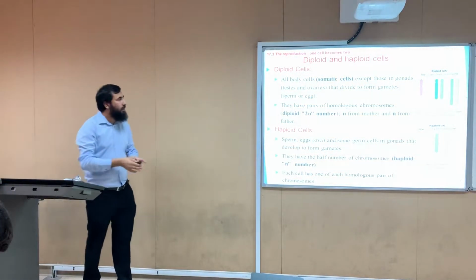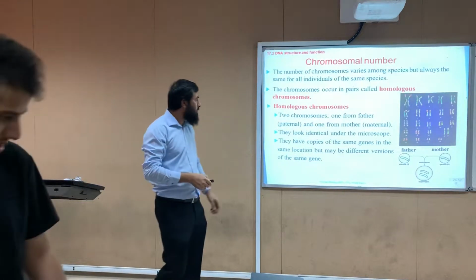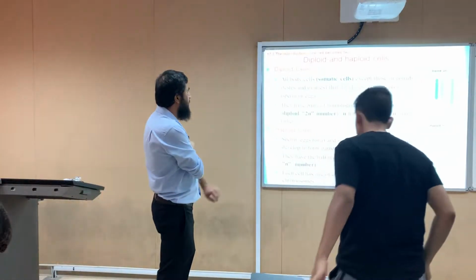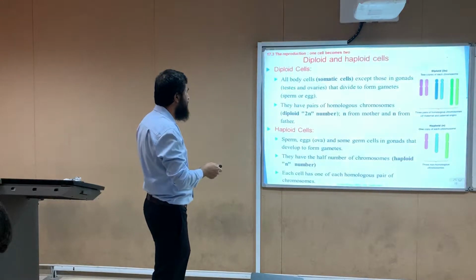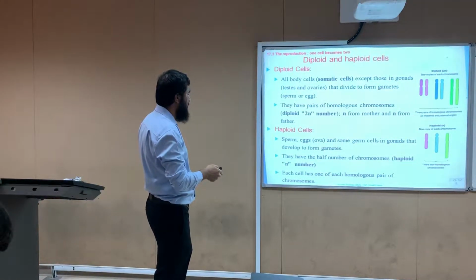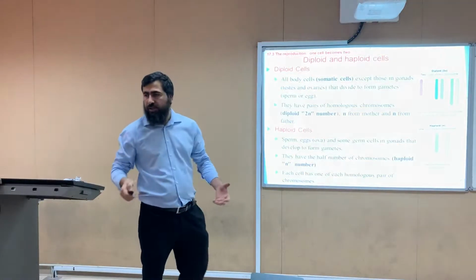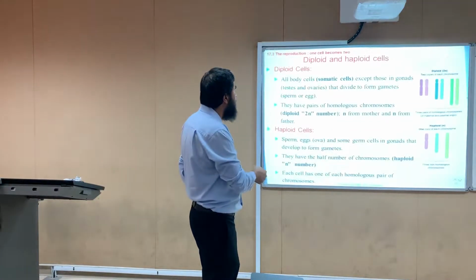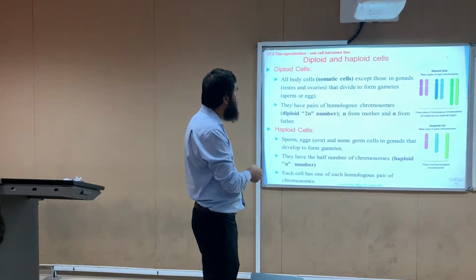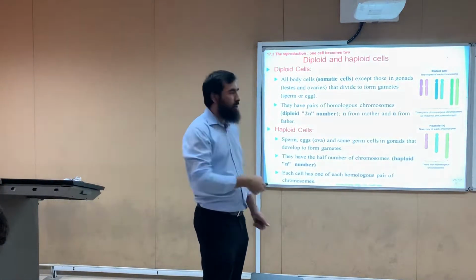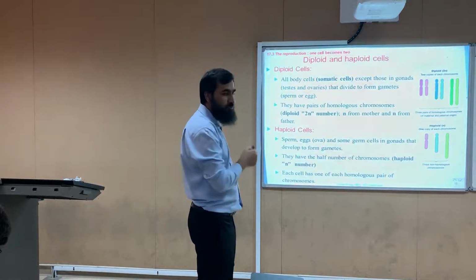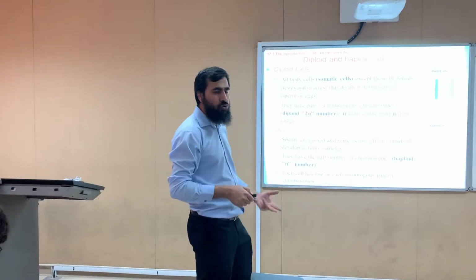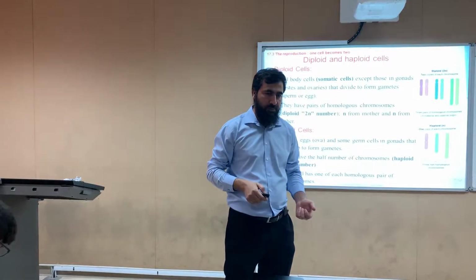All right, so yesterday I think we were on this slide here, okay? We finished that, didn't we? Yeah, so remember that somatic cells, normal cells in the human body that are not gametes or sperm or egg, are diploid. That means they have 2n number of chromosomes.